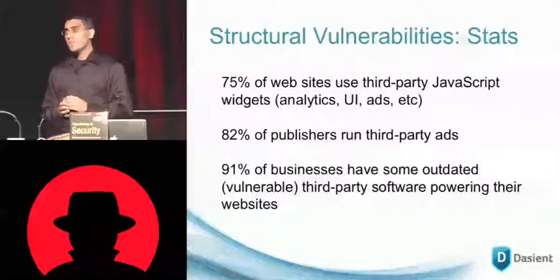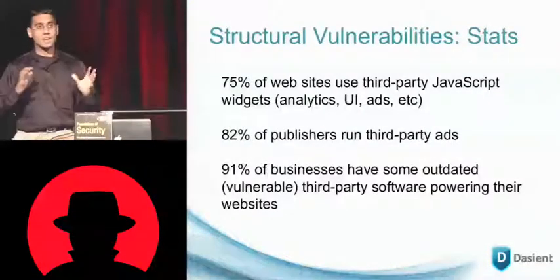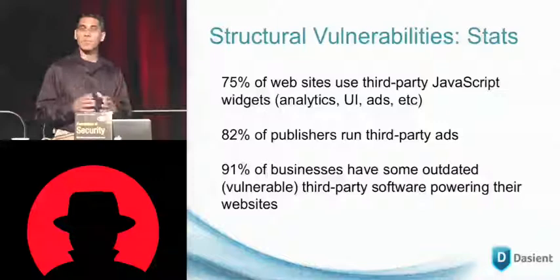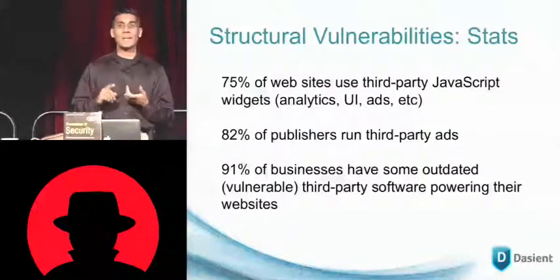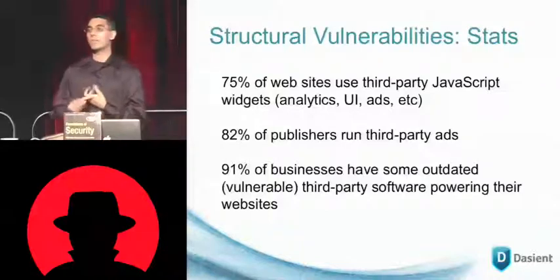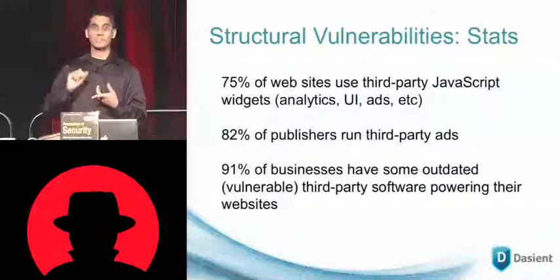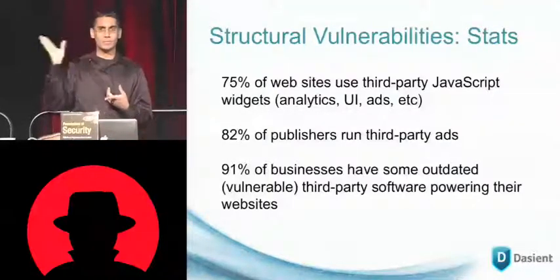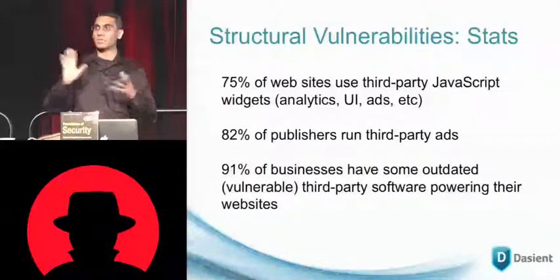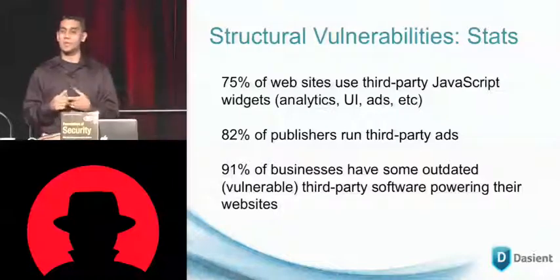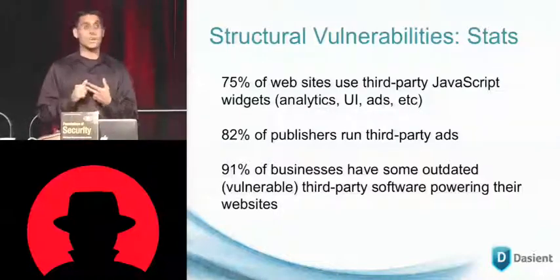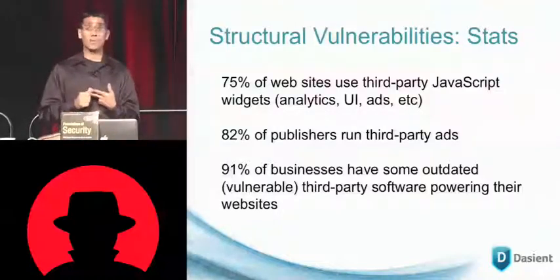At Daswani, one of the things that we recently did to understand how big this problem can be is we ran a study where we looked at several thousand of the most popular Quantcast sites. Quantcast is a kind of a traffic measurement marketing company that ranks the websites that get the most traffic. So we looked at several thousand Quantcast sites and also looked at a whole bunch of Fortune 500 websites.